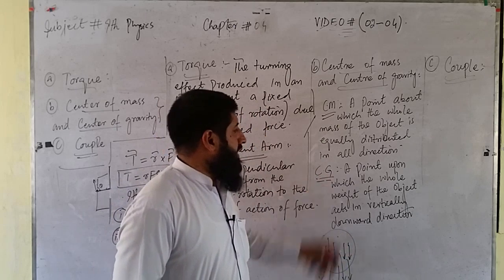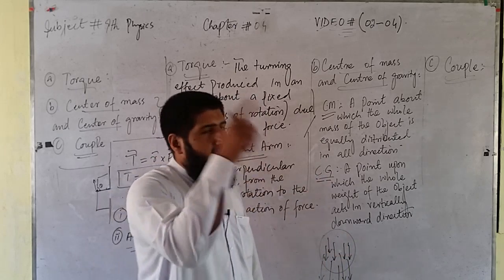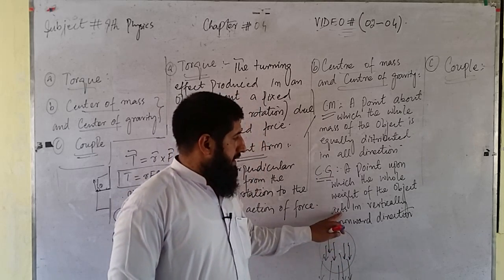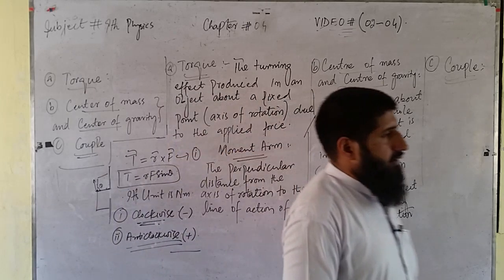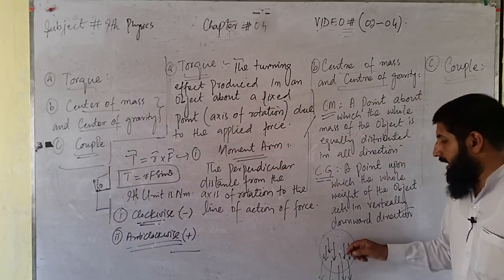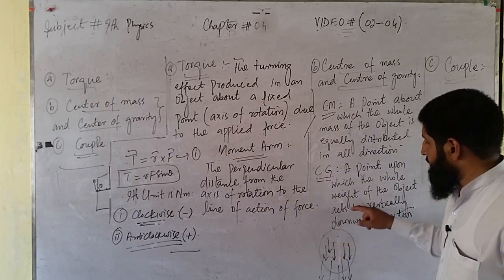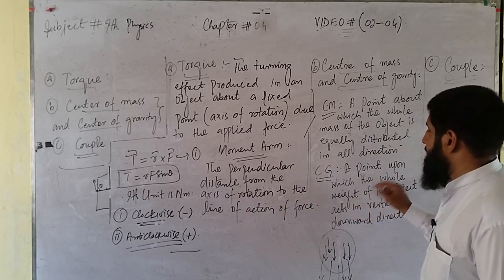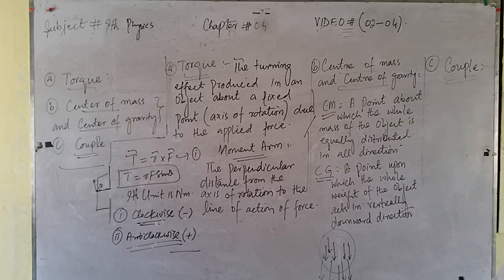Here we assume that center of gravity is a point upon which the whole weight of an object acts in a vertically downward direction. The weight of an object always acts in the downward direction. So the weight which acts upon a particular point will also be in a vertically downward direction.